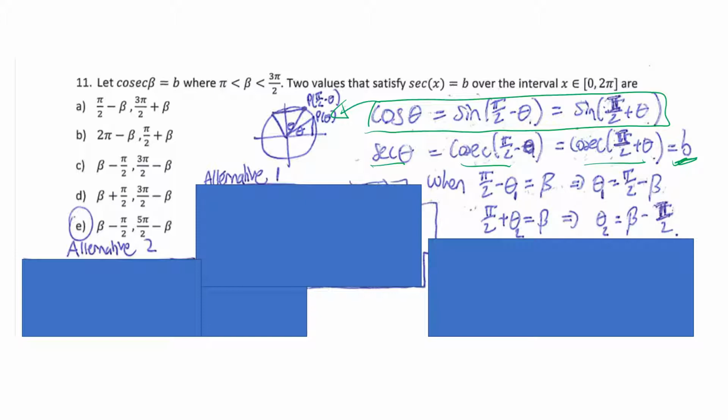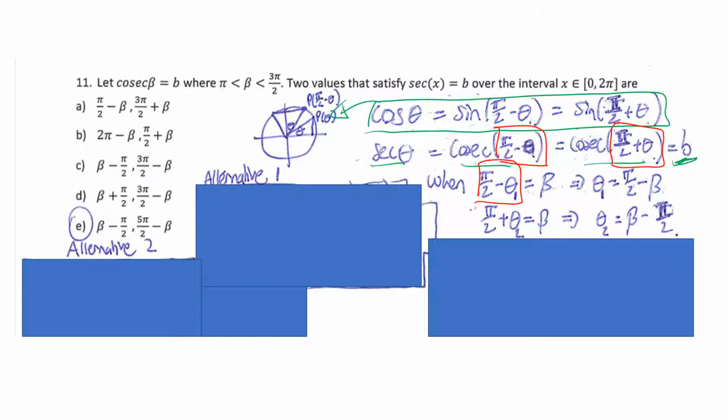Okay, so of course we're linking sec to cosec, and we know that cosec of beta is equal to b. So we're going to use that knowledge over here. We're going to assign the argument of that function equal to beta to find one possible value of x that satisfies sec x equals b. And here's the other argument.